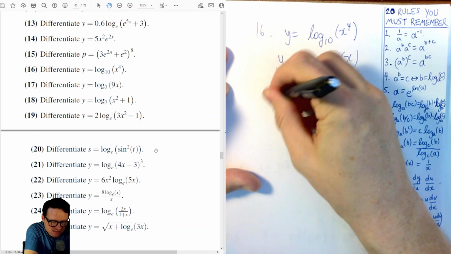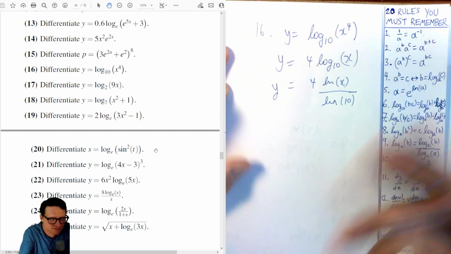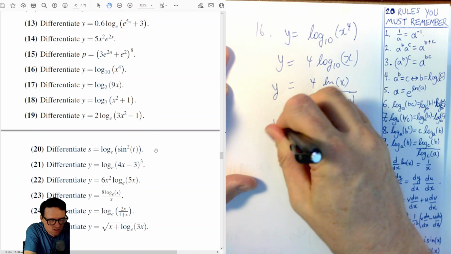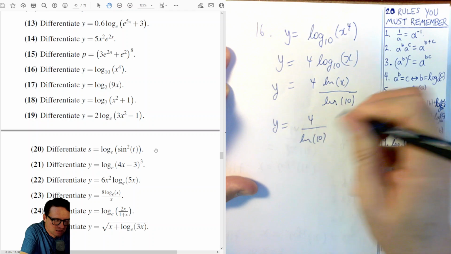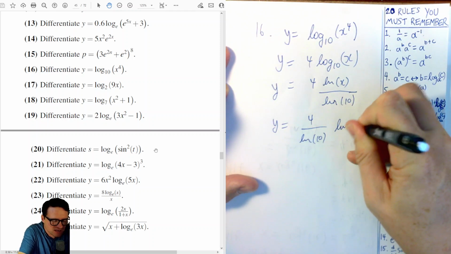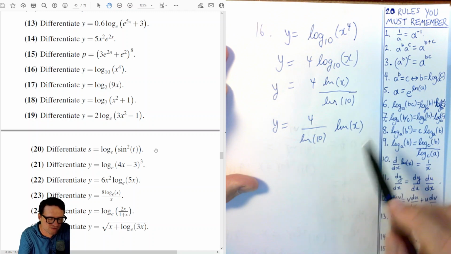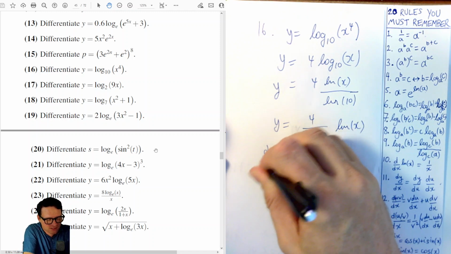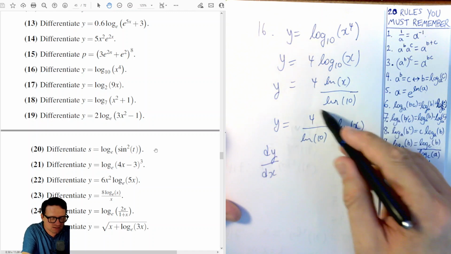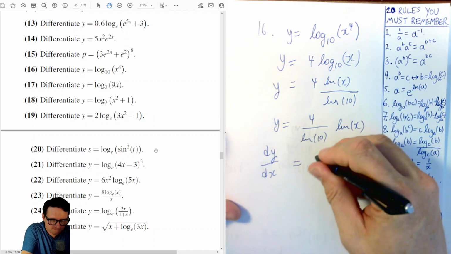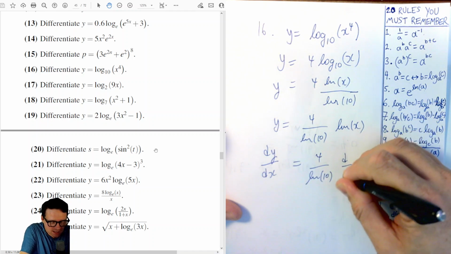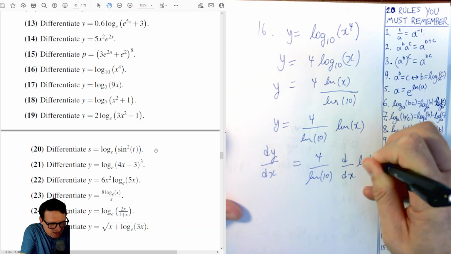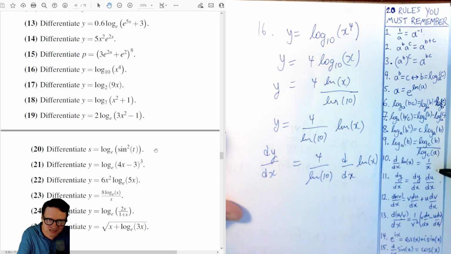And now let's write this so that it appears like a constant times ln of x. So y equals 4 over the natural log of 10 times ln of x. Okay, so it's a constant times ln of x. So now when we apply our differential operator d on dx, this constant can go through it, and we apply to ln of x, and now we can use rule number 10 to get 1 on x for this.